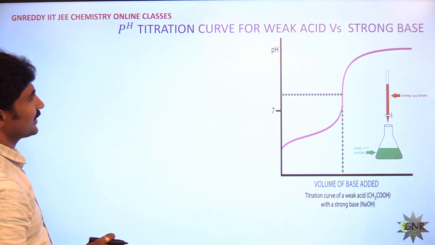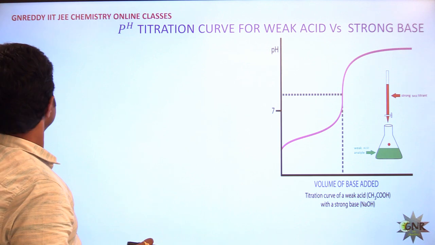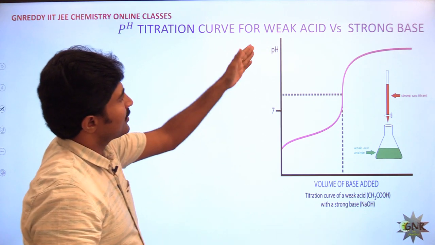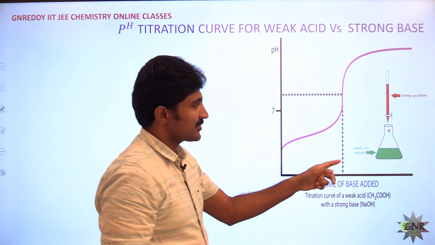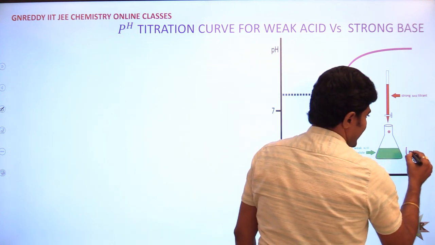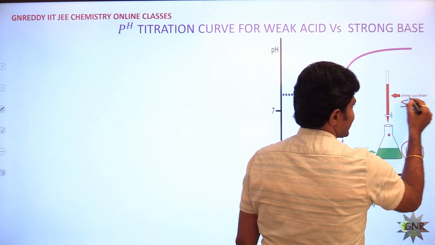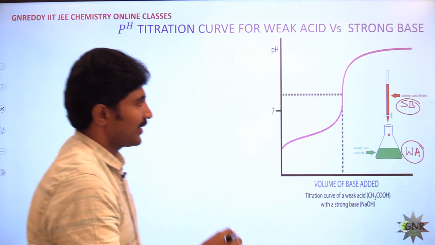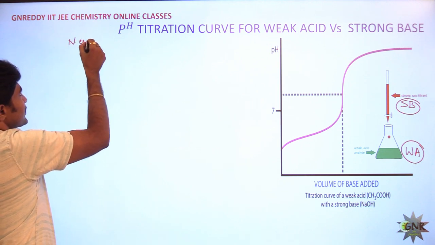Similarly, if you look at the next titration, this is weak acid versus strong base titration. That means here I am taking weak acid in the conical flask and the strong base in the burette. Here also the same concept. So first write the neutralization equation.